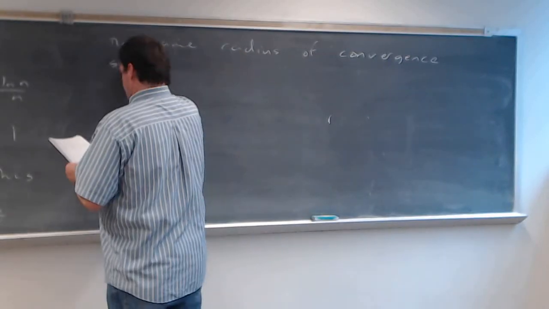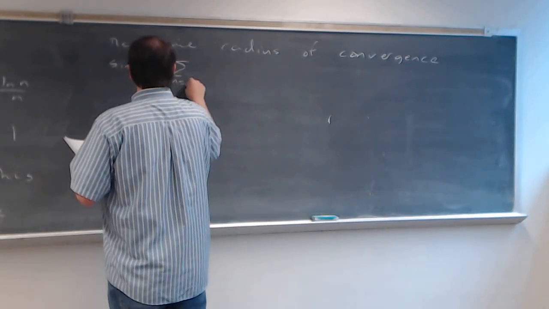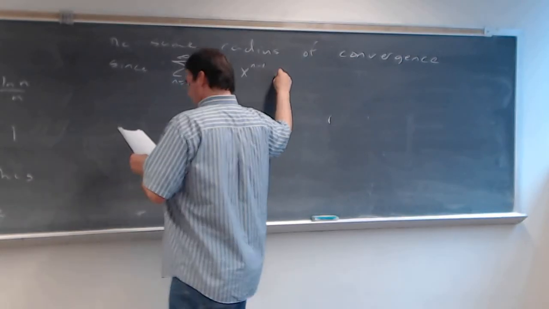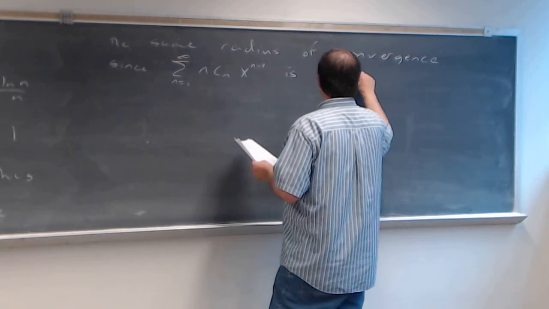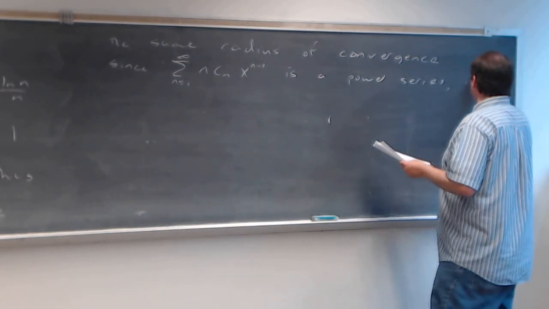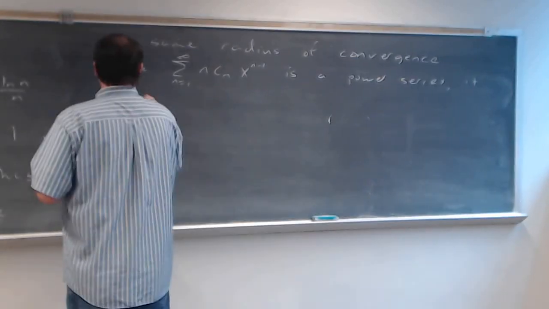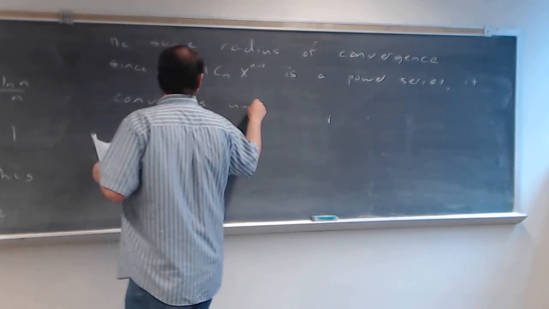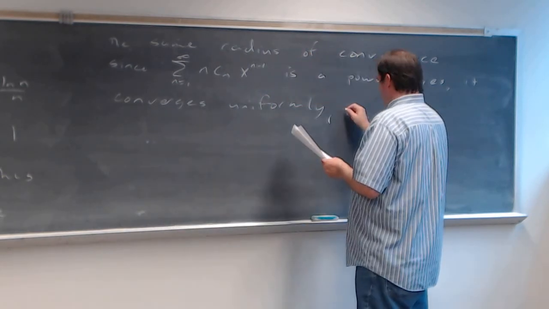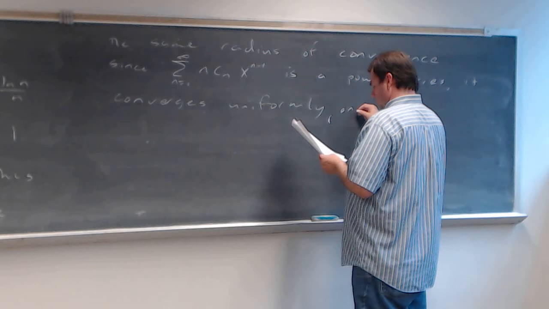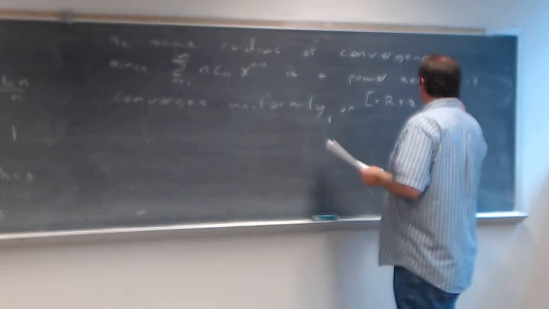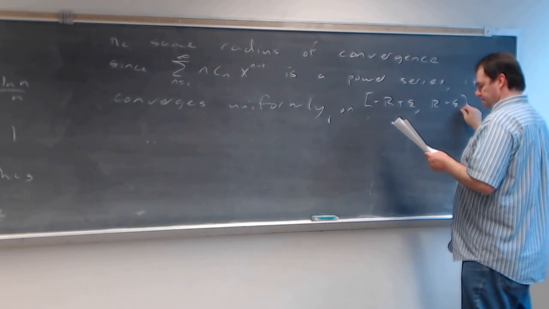Okay, since the sum as n runs from 1 to infinity of n times c sub n x to the n minus 1 is a power series, it converges uniformly on minus r plus epsilon up to r minus epsilon.